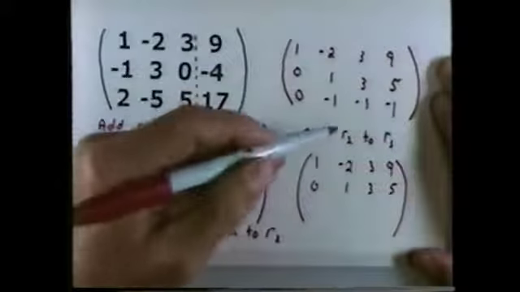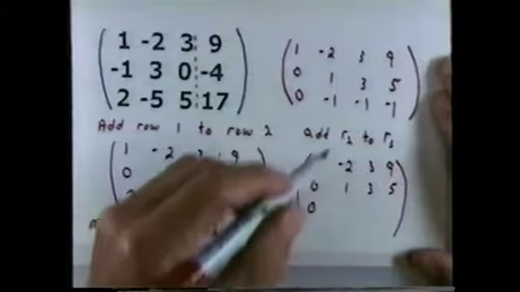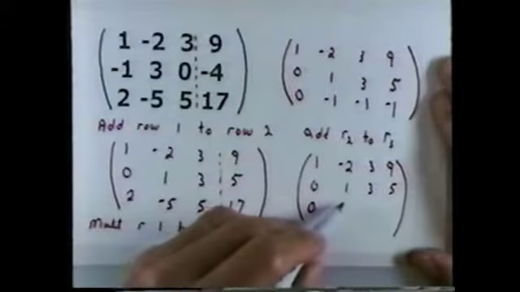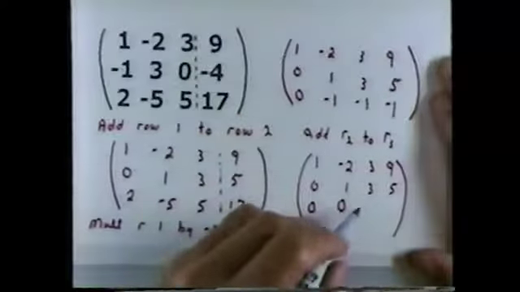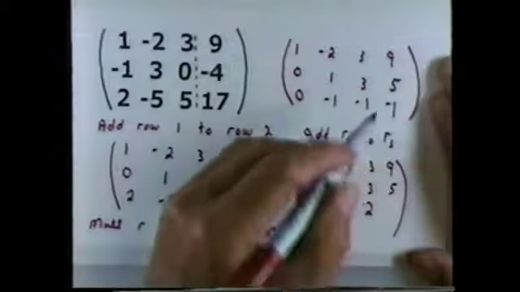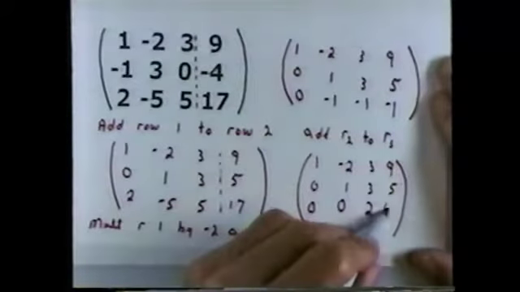Now if I add row 2 to row 3, 0 plus 0 is 0. 1 plus a -1 is 0. 3 plus a -1 is 2. 5 plus a -1 is 4.